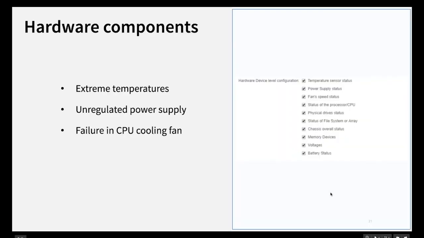What we do quite often is we overlook hardware problems and almost naturally assume that the problem has to exist on the server side. But if you look at this screen right here, for example, continuously running your machine can cause your machine to heat up, or probably unregulated power supply, or breakage in power supply.